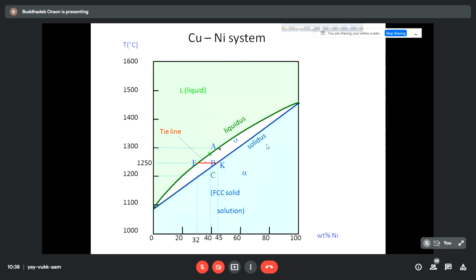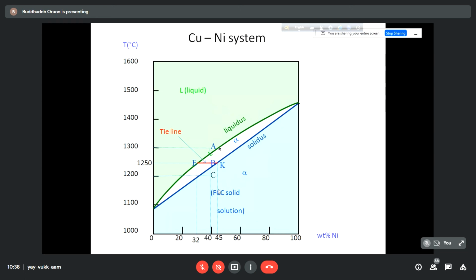So there will be two different lines, the solidus line and the liquidus line, and in between there will be a region which is a mixture of liquid and solid. We are calling it L plus alpha. So in this case, you have three different regions: the liquid region, the solid region, and also the mixture region.